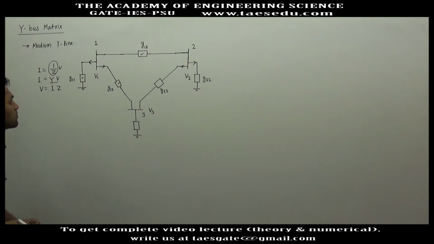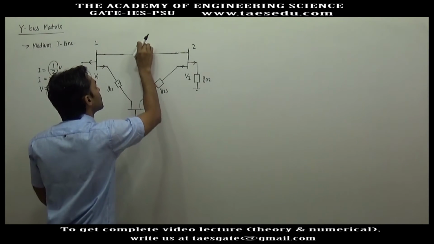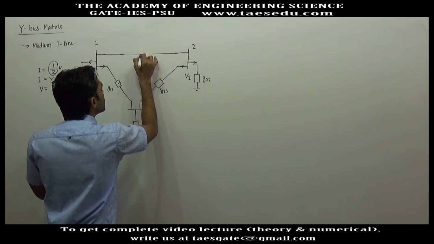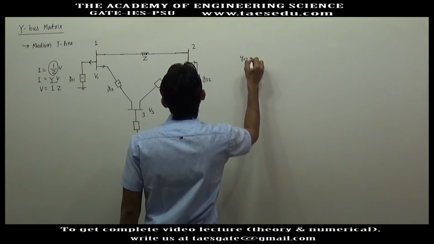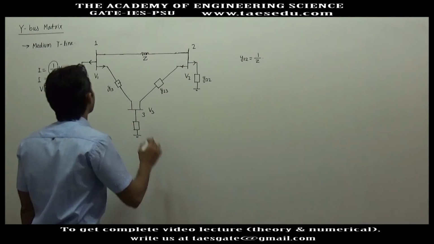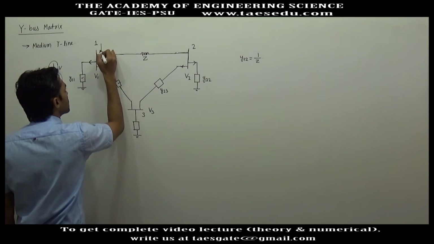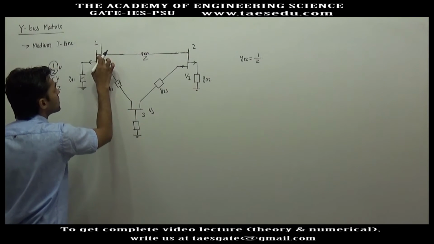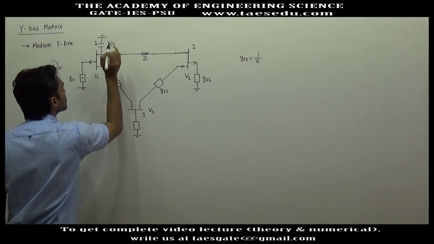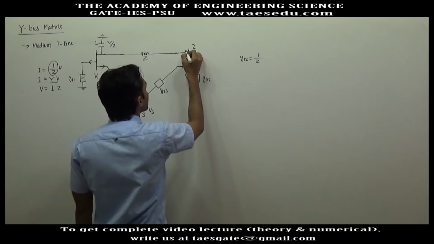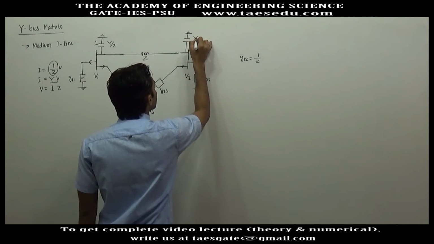The reason is that in the pi model the total impedance Z will be connected in the middle, in the series, and we will say Y12 is 1 upon Z. The shunt part of the medium transmission line is connected at the extreme ends, and this will be Y by 2, the admittance of the transmission line, and here also Y by 2.